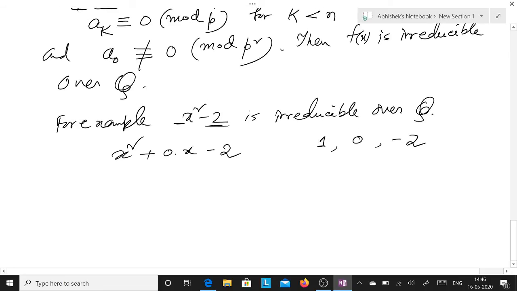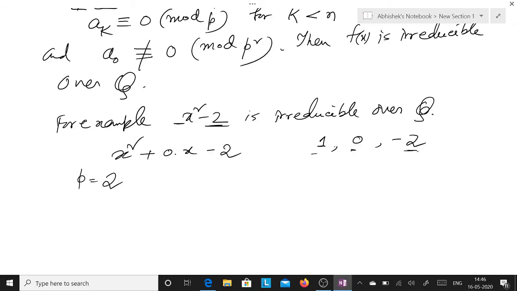So keeping in mind these coefficients, we first see that the prime 2 may work for these coefficients.